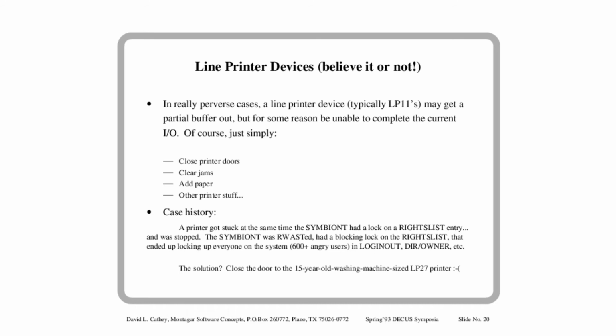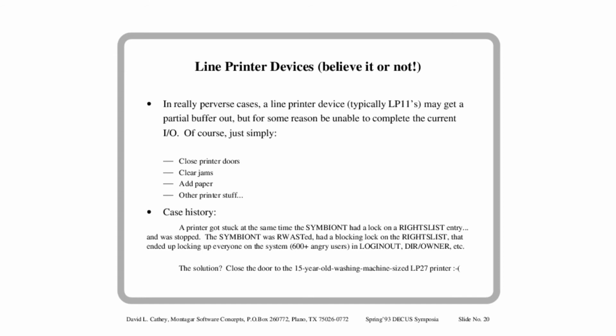Well, the first thing that the system does when it's going through deletion is it tries to deassign the channels. Well, it couldn't. We had an outstanding I/O. Well, we'll go into R-wait. Gee, we would like it if you would drop your locks first. But no, it didn't do that. The channels were not in that order. So we had a lock on a process that it could not free up because it could not gain access to its blocking AST in executive mode.